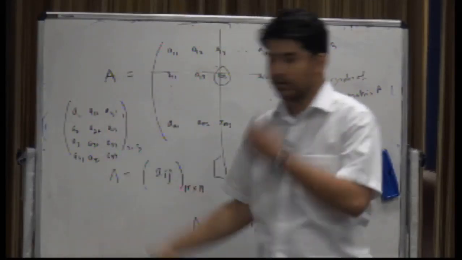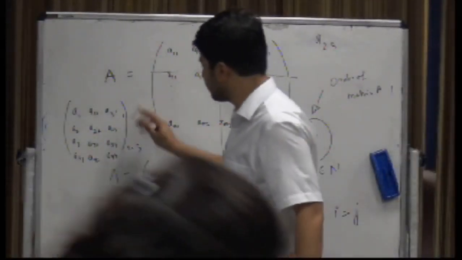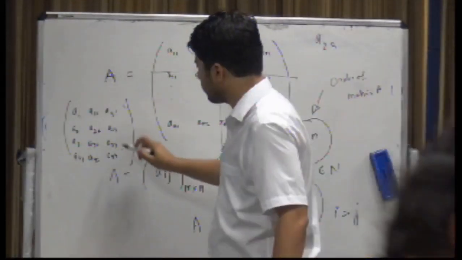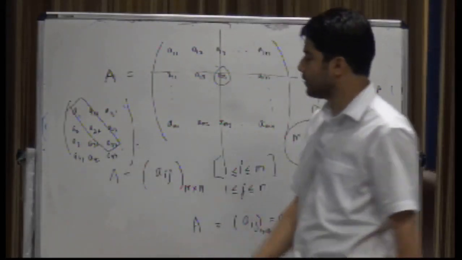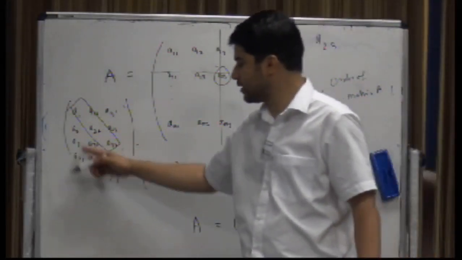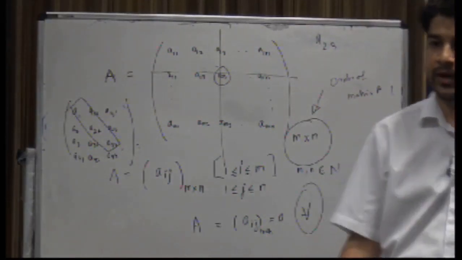So this is your rectangular array. Now this is the principal diagonal. So these elements have to be 0. Clear or not clear? समझ में आया?